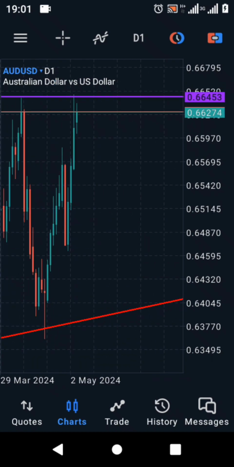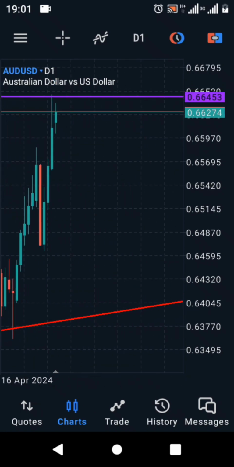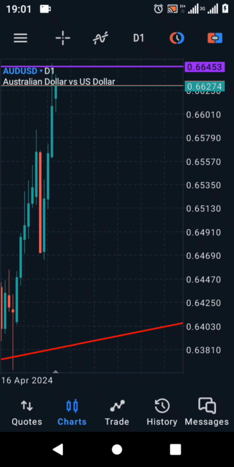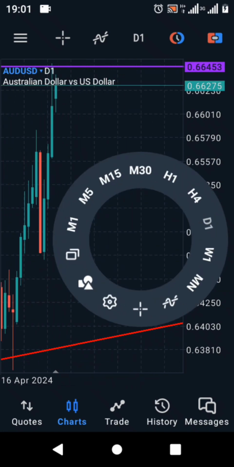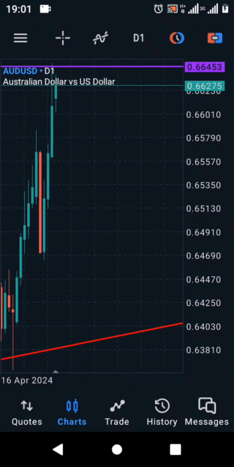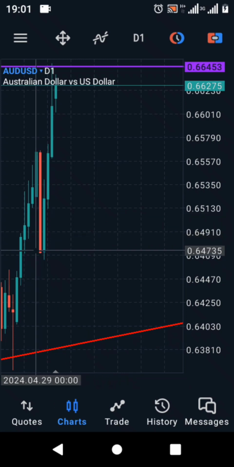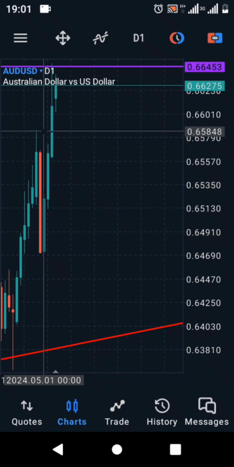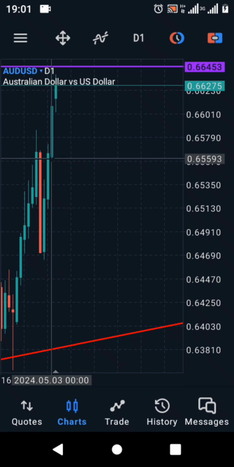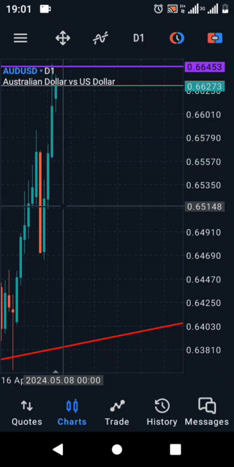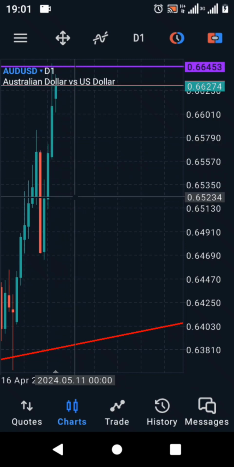Here's how I managed to add a little bit something to my strategy. The thing that I use now to capture what I call the sniper entries: as you can see, this is a daily time frame. I go to the open of my daily time frame, and I go to the close of my daily time frame.